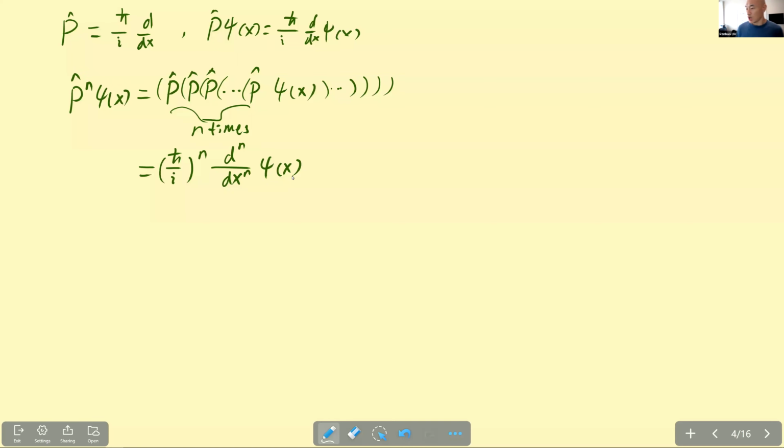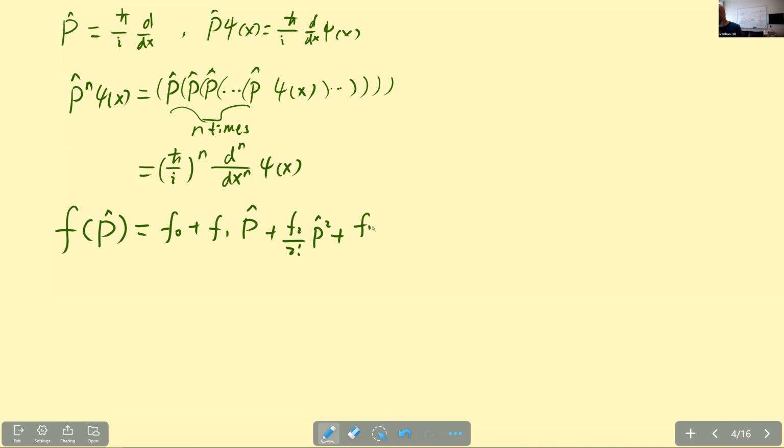Of course, you can have a function of this p operator. Say, let me write this one as f0 plus f1 p, and then plus f2 divided by 2 factorial p squared, very similar to the Taylor expansion, and f3 over 3 factorial p cubed and so on and so forth, right?